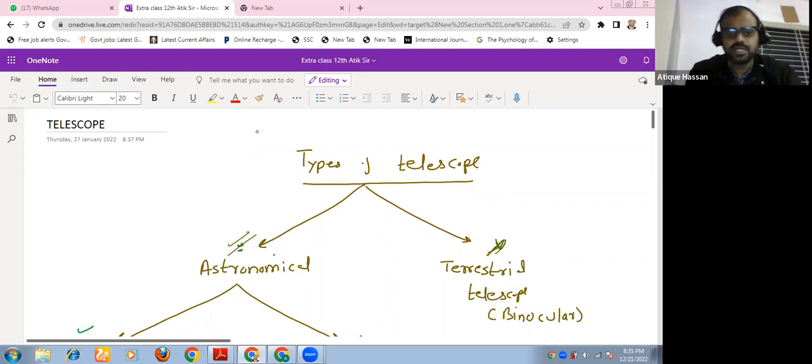According to that, it will project the image of the distant object at a particular position. So it will not do any kind of magnification. It only helps us to see the distant objects clearly. Getting my point? So this is the difference.